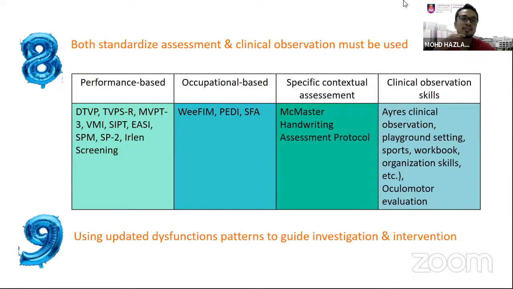And number 9, using updated dysfunction patterns. In the Sensory Integration and Praxis Tests, we have a pattern we call visual dyspraxia. In the DTVP, we have patterns of visual motor integration. This makes it easier to work with the child when you provide intervention based on the pattern of dysfunction. If you do the assessment and find that the child has a visual praxis pattern, you just need to work mostly on the praxis side.